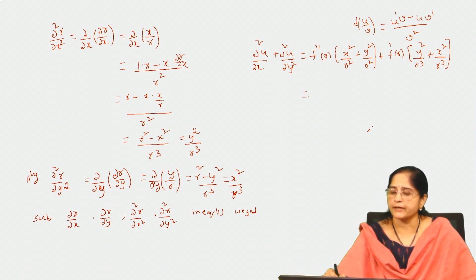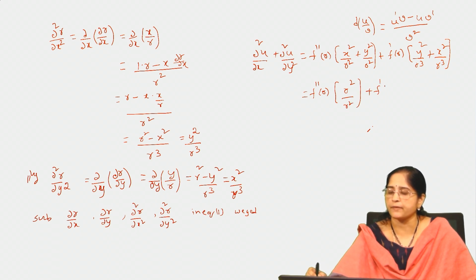So this is equal to f double dash of r into, we know that x square plus y square equal to r square, r square by r square, plus f dash of r into x square plus y square equal to r square by r cube.